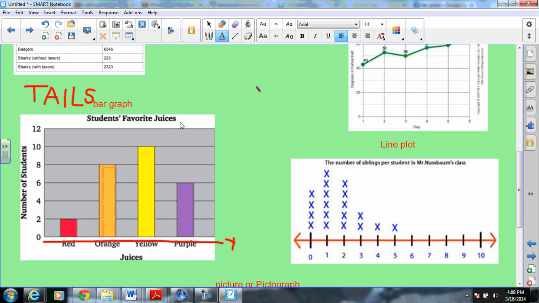Then we have axes. When I say axes, here's the word axis. I'm going to type it out. Axis. We have an x-axis and a y-axis.